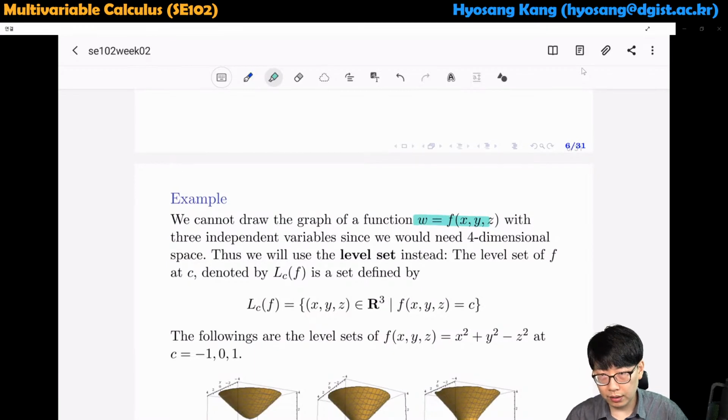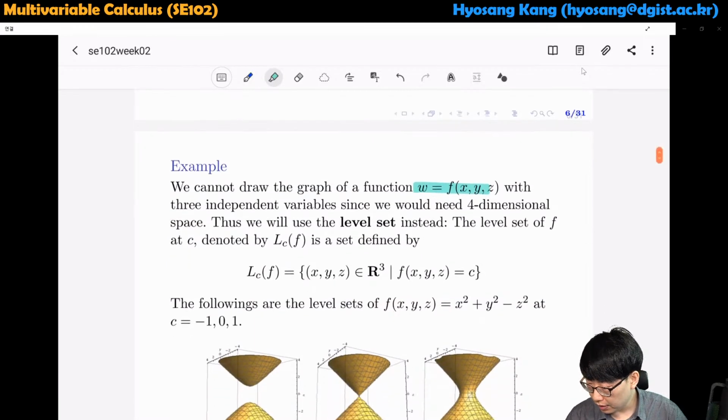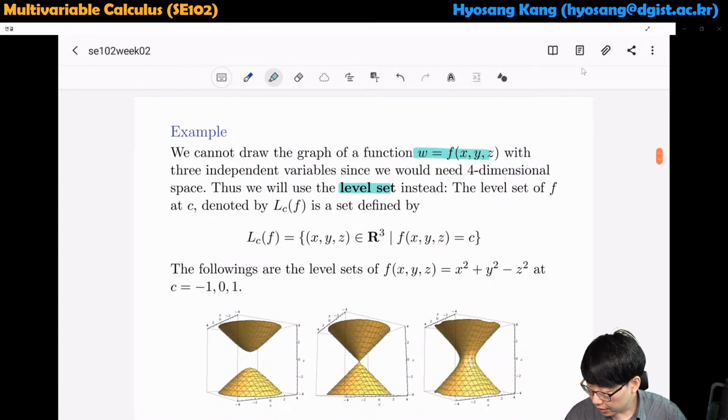How can we draw this kind of function? In that case, we're going to use a level set. A level set is a set of points x, y, z in three-dimensional space, a collection of points where the value of the function equals c.